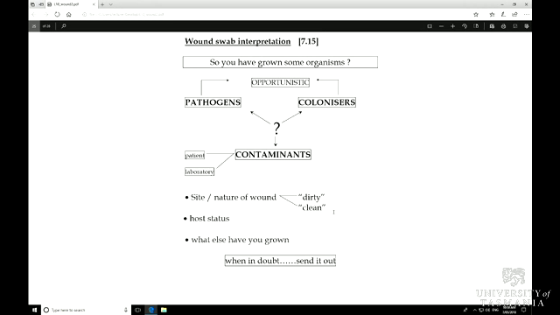What this means is, unless you are sure and somebody above you in the pecking order says that's a contaminant, get rid of it, don't report it. If you're unsure, report them. You're better off sending a report out saying arm wound, coag-neg staph, unsure of significance, and then the GP makes their own choice about what to do with the result. So unless you're sure, send them out anyway and report them.